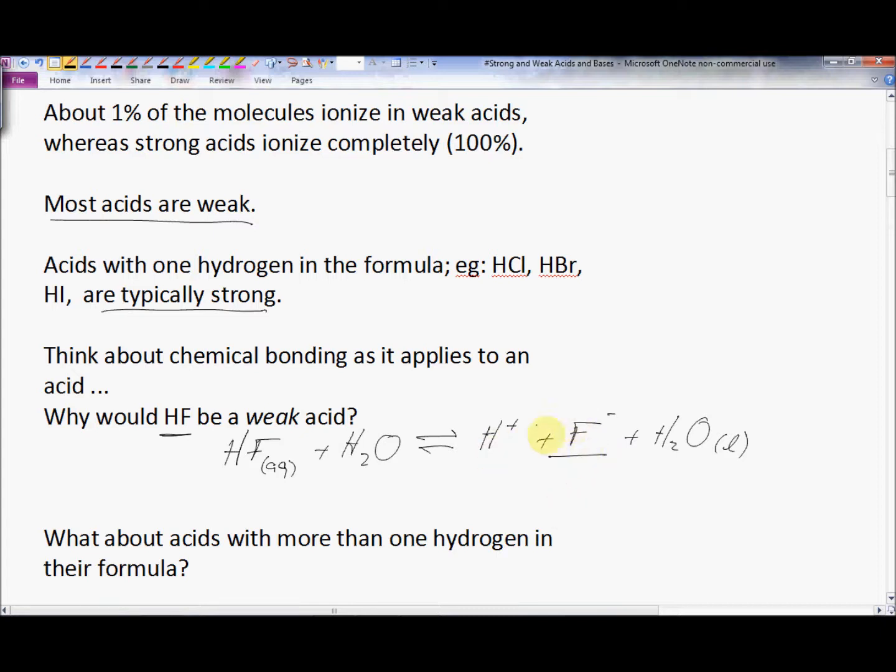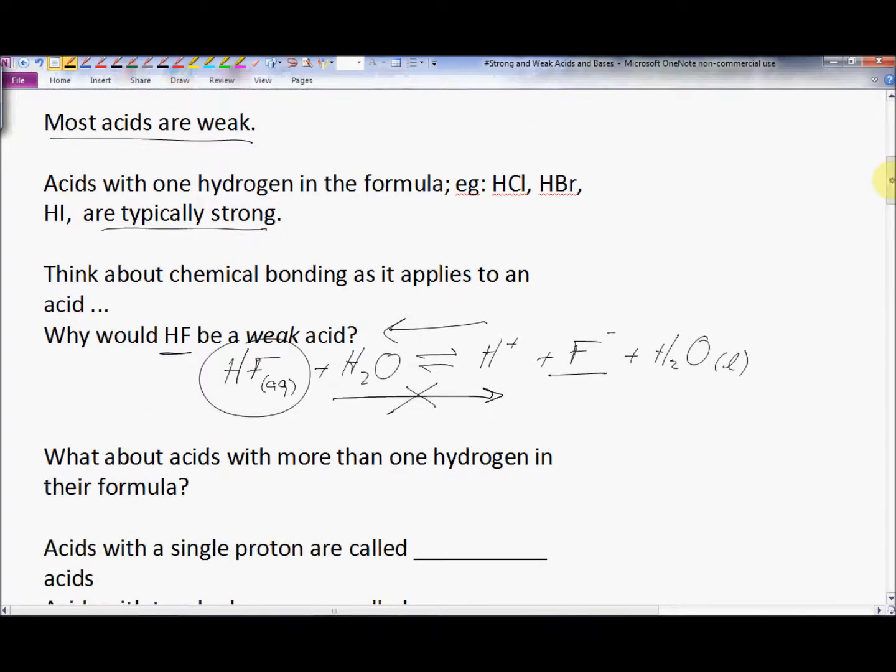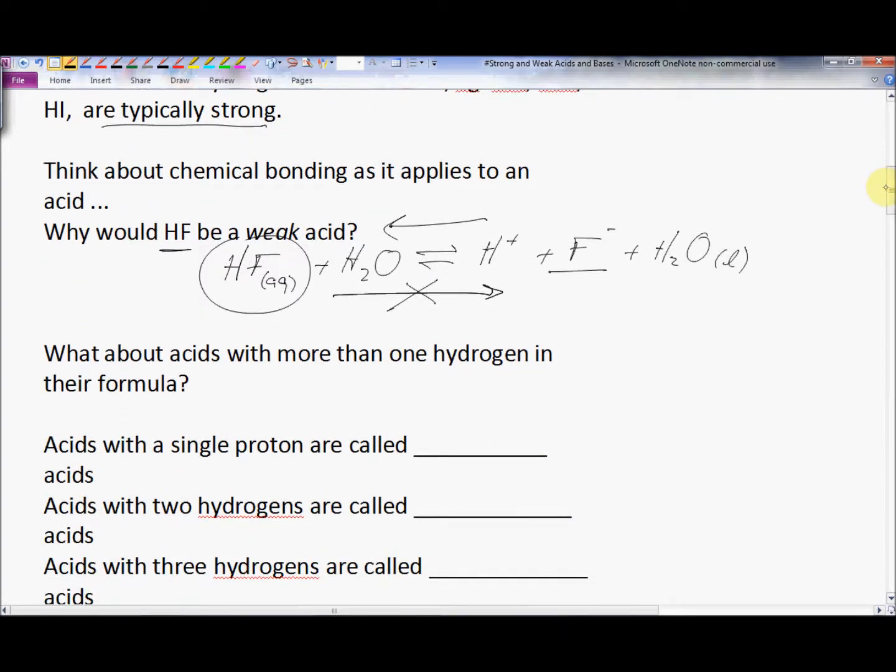It's got a very strong bond with the hydrogen, so this forward reaction isn't going to happen very much at all. It's going to prefer to stay in the bonded state where the hydrogen is right there together with the fluorine. So the forward reaction won't go on very much, and there'll be a very small percentage that's actually ionized.